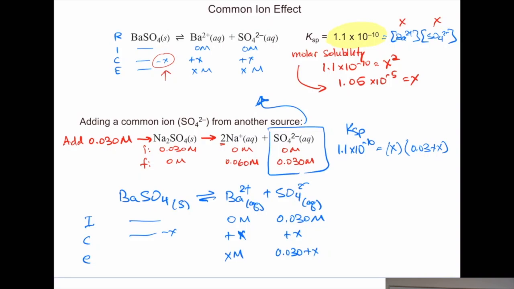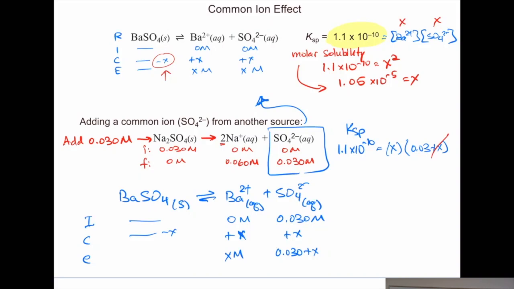That's still pretty small, but importantly, it's negligible compared to 0.03. This number is 0.00001 versus 0.03. So if we add x to this, we still pretty much get 0.03. So we can ignore this x, and it makes the whole thing much simpler.